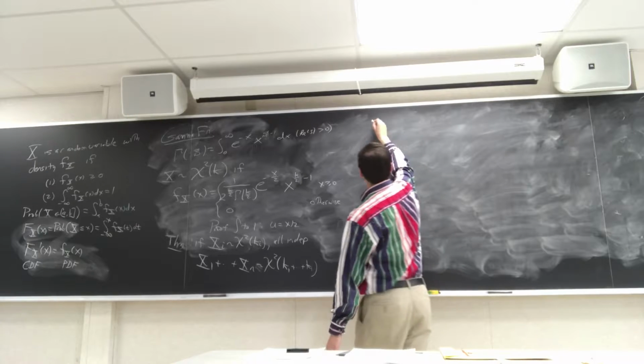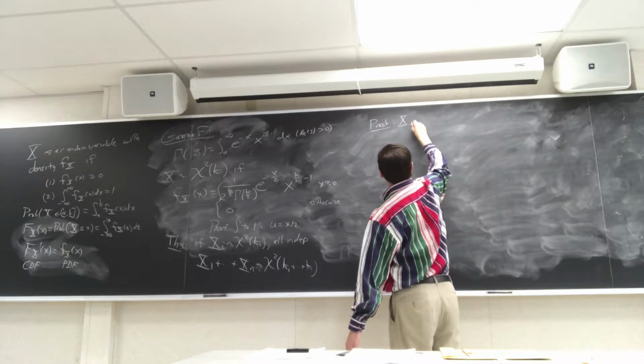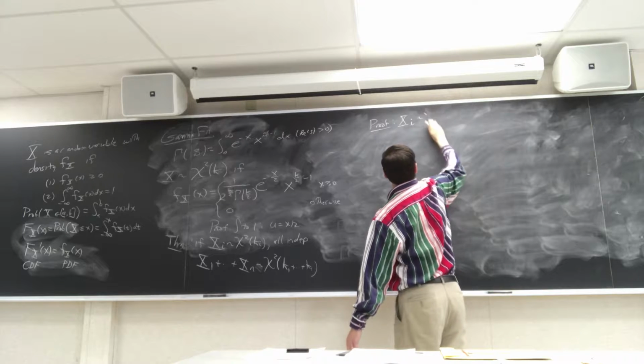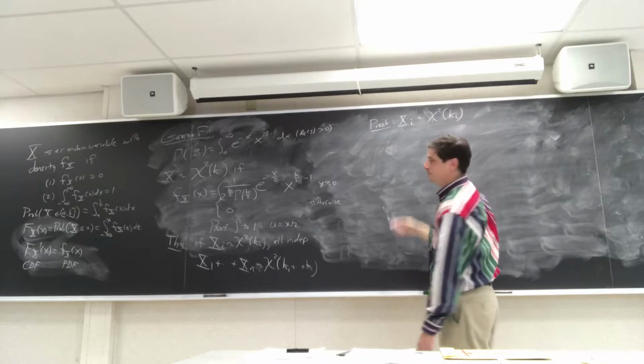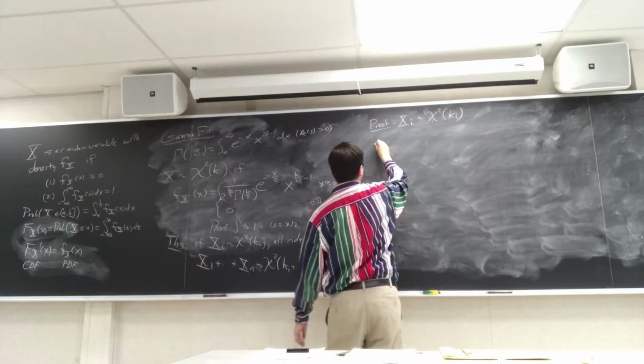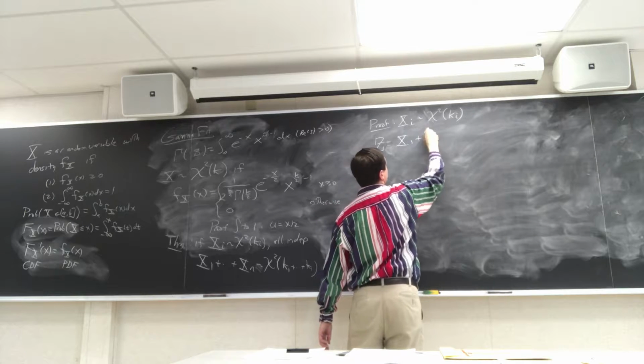Okay. So now, X_i will be chi-squared with k_i degrees of freedom. So we will let Z be X_1 plus X_2.